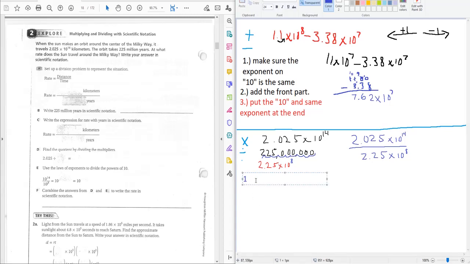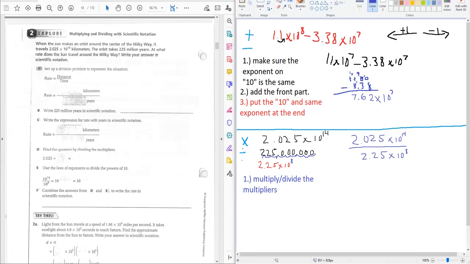Step 1, multiply or divide the multiplier. So I would pretty much just box it off like this. So 2.025 divided by 2.25, what is that?